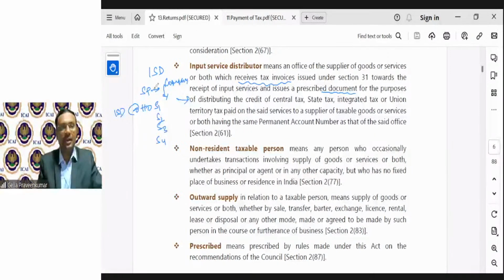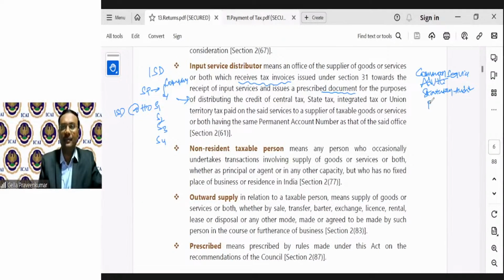What I will do is distribute all these services provided by the service provider, which are common services. What are the examples of common services? Say advertisement, statutory audit.